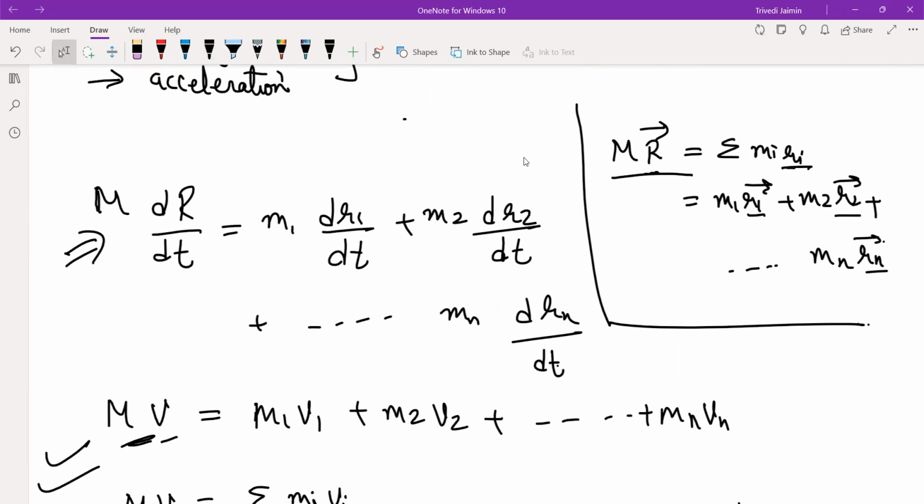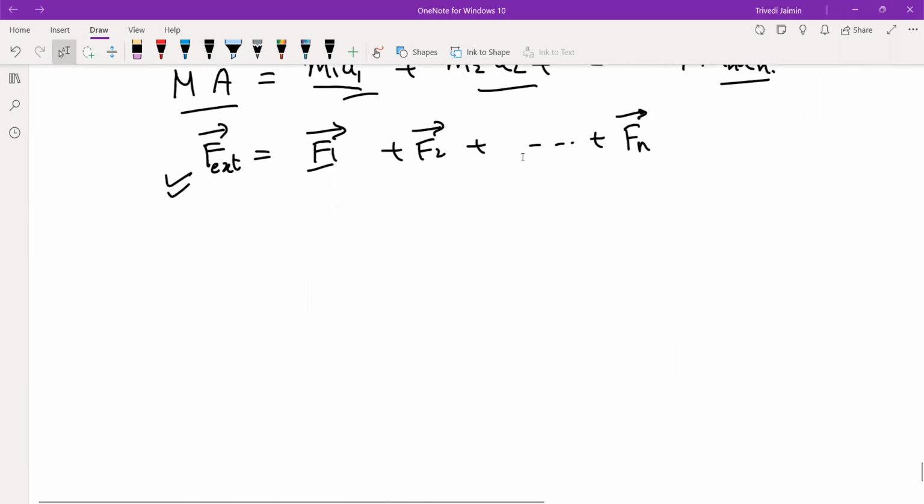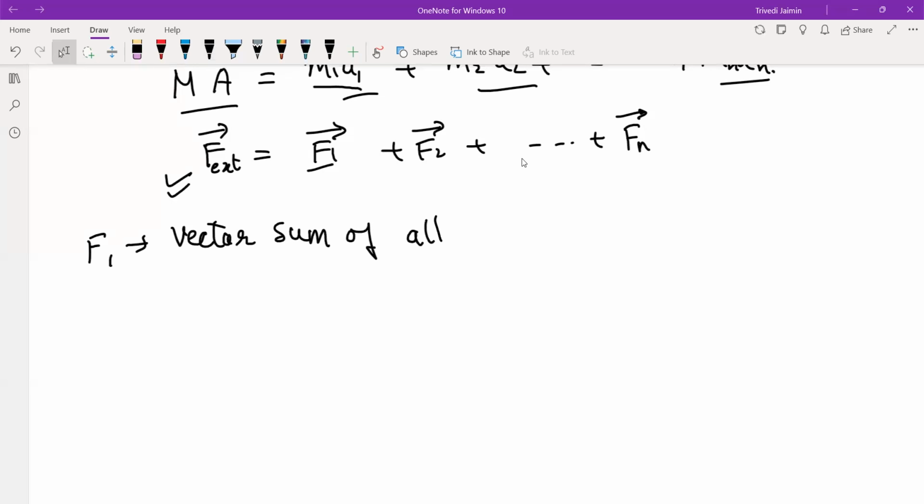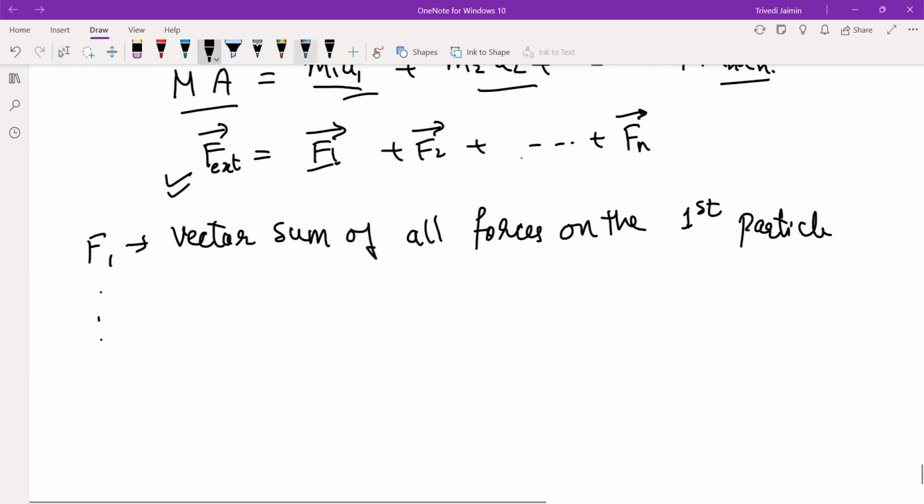Right. So we can conclude that F1 is the vector sum of all forces on the first particle. In a similar way we can write for the others, so no need to write again and again.